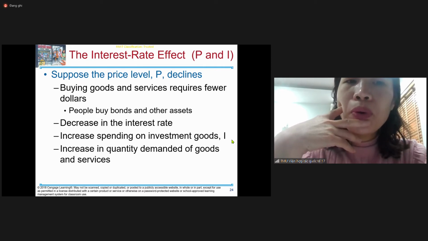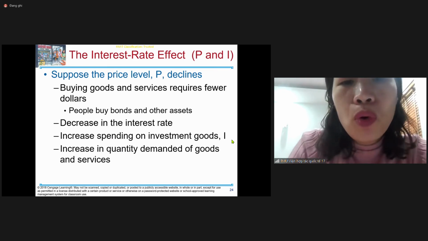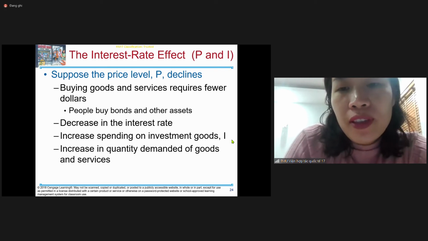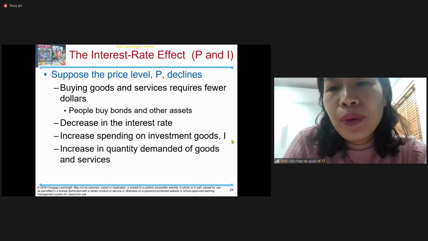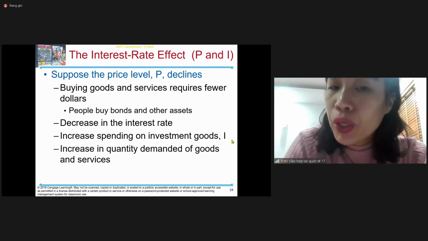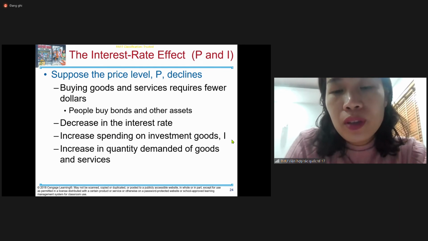So people will buy, like previously we know that people will buy more goods and services. Or if people buy the same amount of goods and services, then now it requires fewer dollars, right? So if you spend less money on buying goods and services, then you may have more money to save.